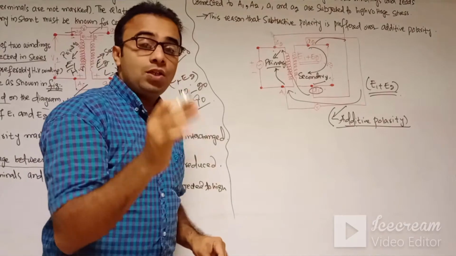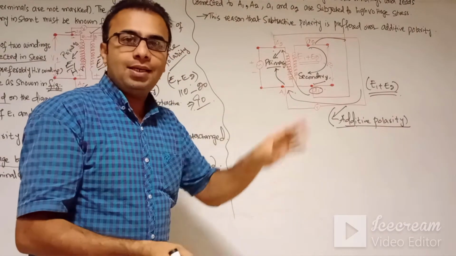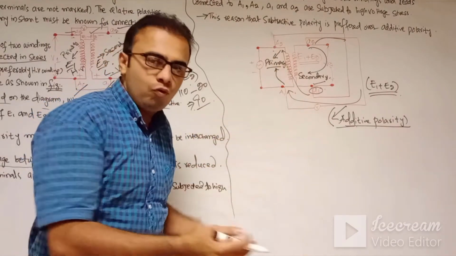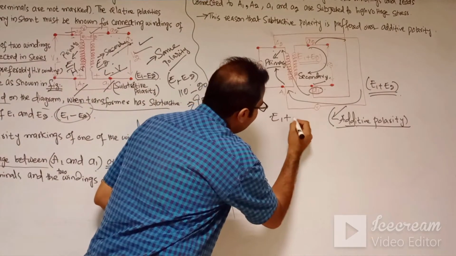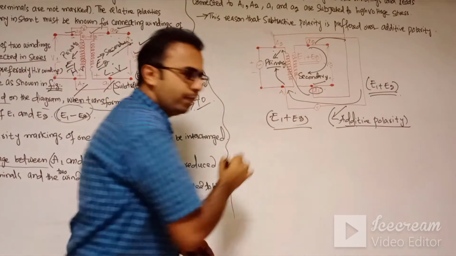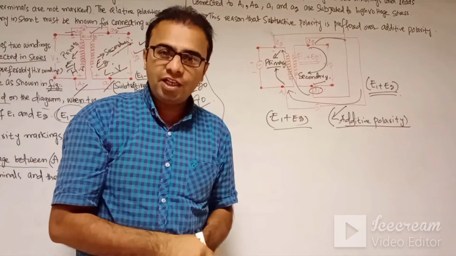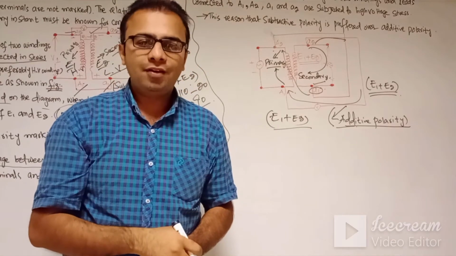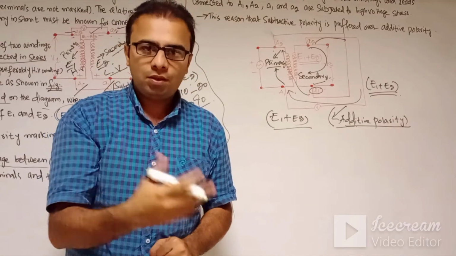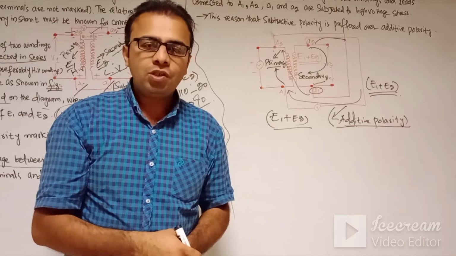When the transformer leads are connected in such a manner, the voltmeter will give us the reading of E1 plus E2. This will be the additive polarity, and the voltmeter gives the addition of both induced EMFs.